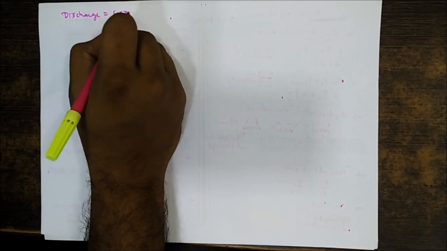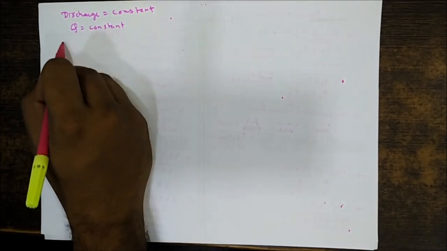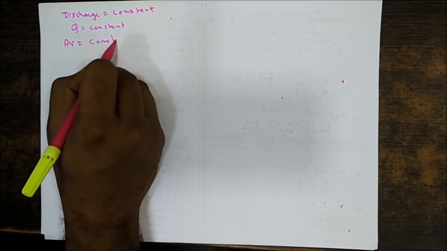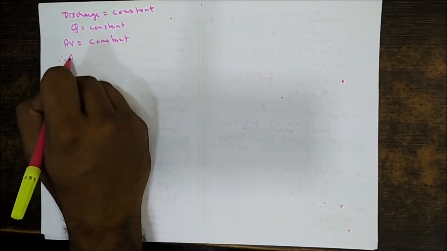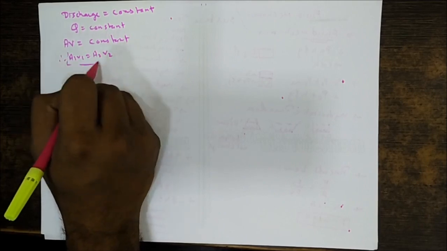We say discharge is constant, that is Q is constant, and Q is given as area into velocity, which is constant. Therefore A1 V1 is equal to A2 V2.